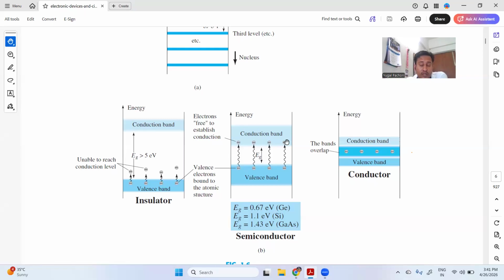If you relate the three materials, conductor, semiconductor, and insulator, it is the energy gap which decides the conductivity of the material. Conduction happens in the conductor, and because the energy gap is more in the insulator, conduction does not happen in the insulator.